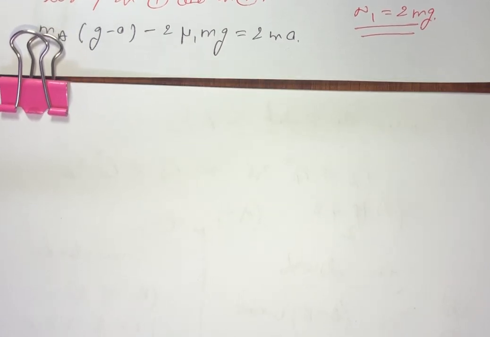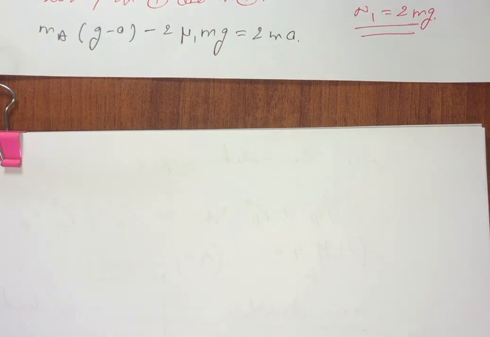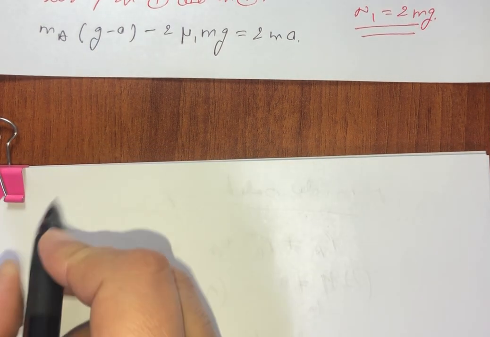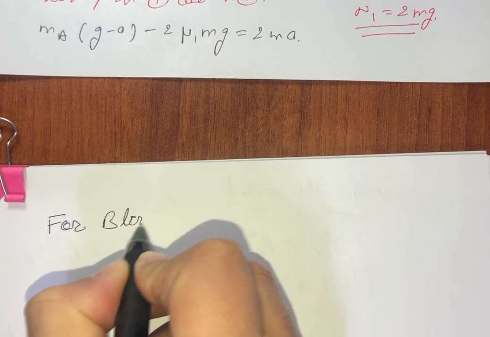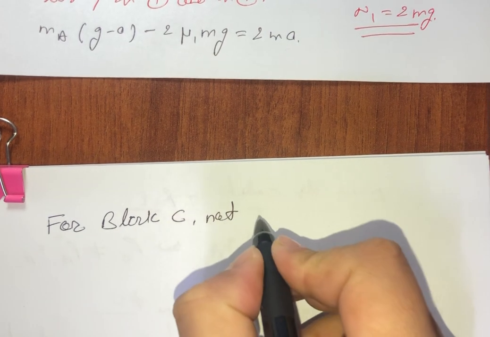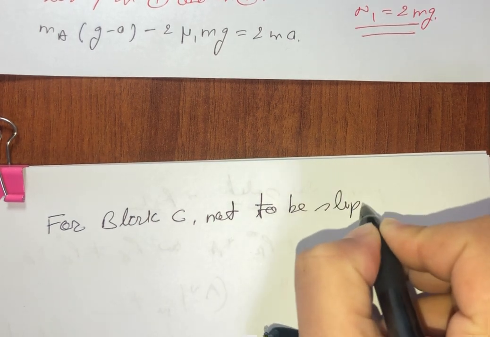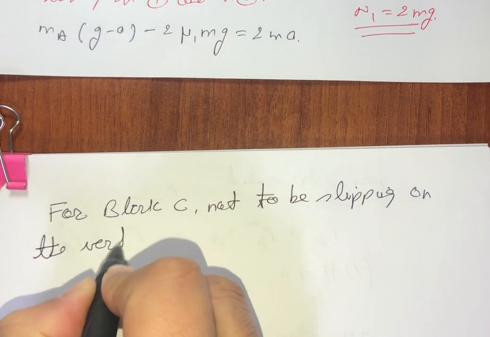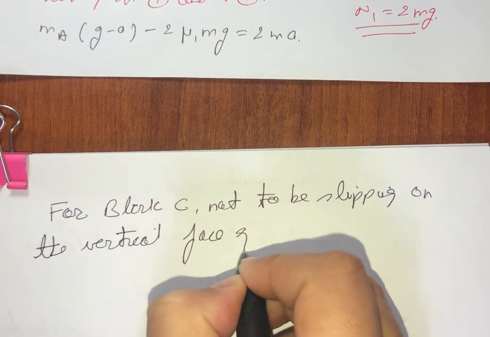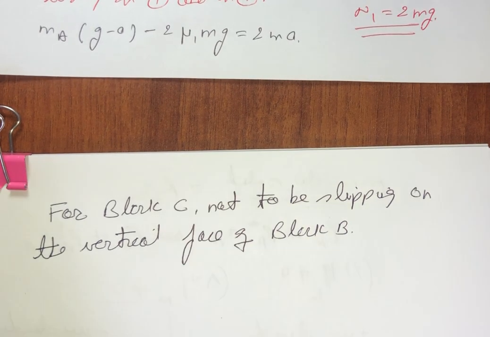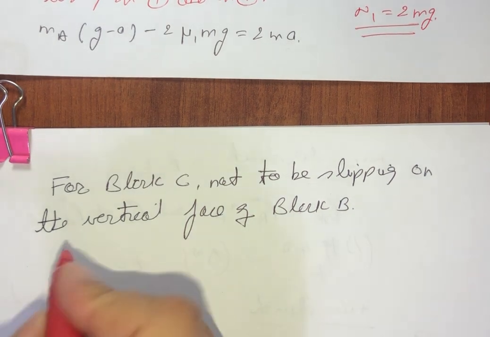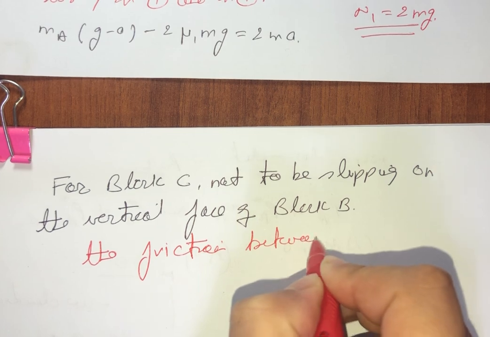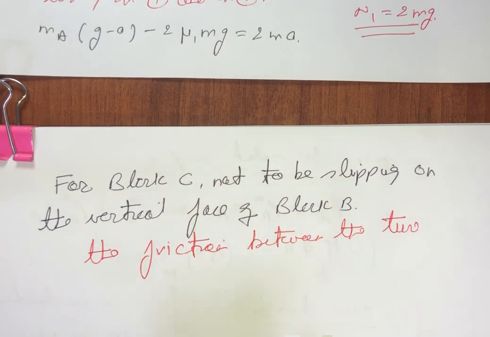Now it is said that block C should not be slipping. So for block C not to be slipping on the vertical face of block B, the friction between the two should be static.